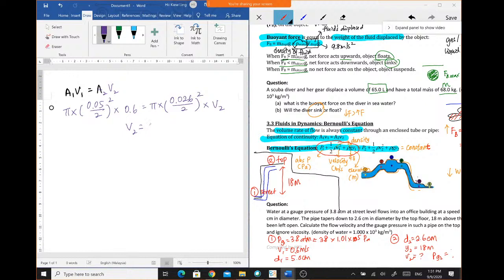So your velocity is 2.2 meters per second.